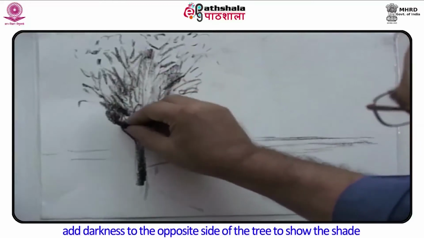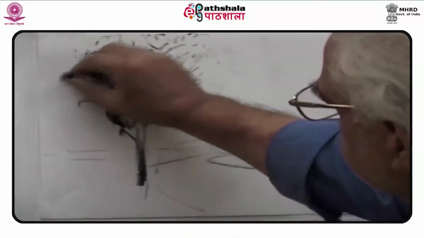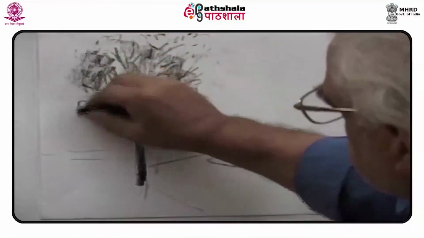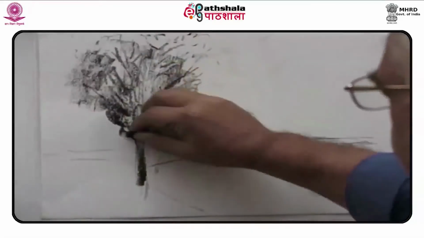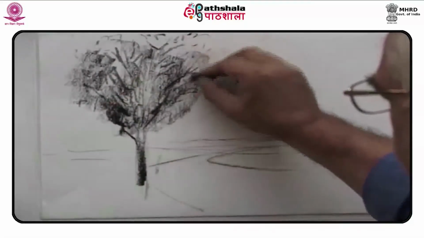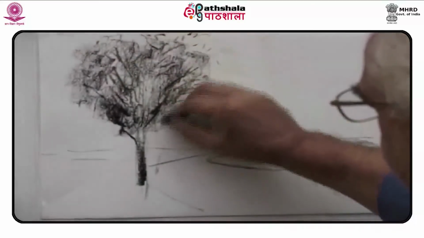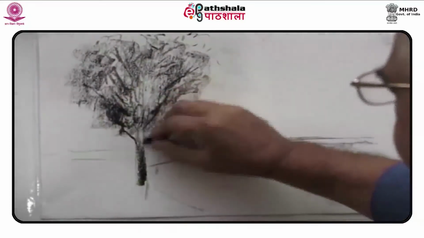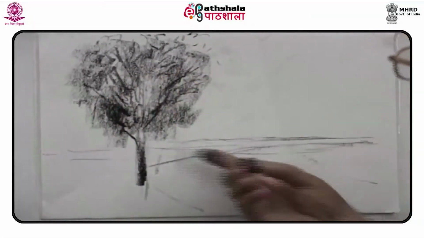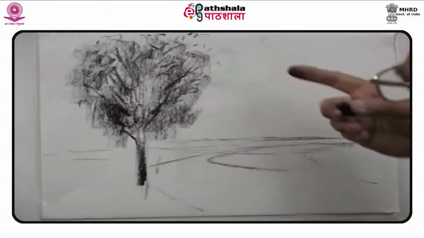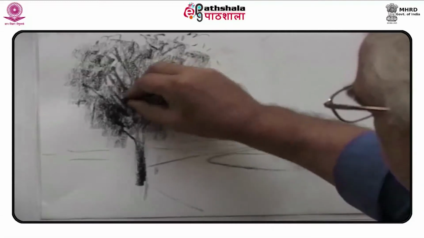Add darkness to the opposite side of the tree to show the shade. The more you darken, the more shadow will be added and more weight to the foliage too.